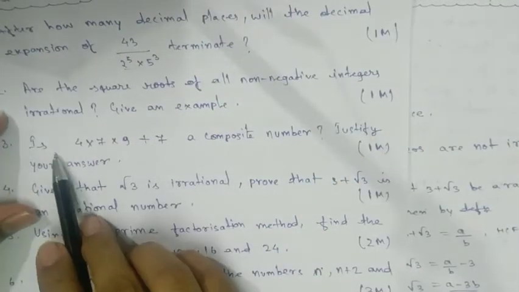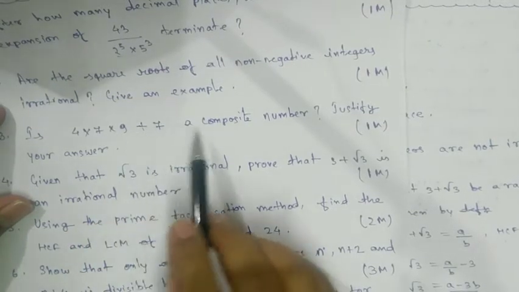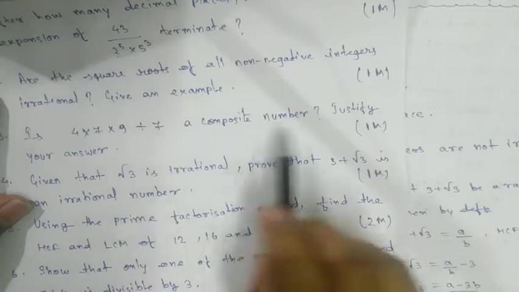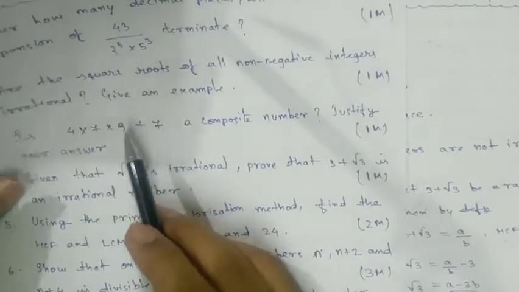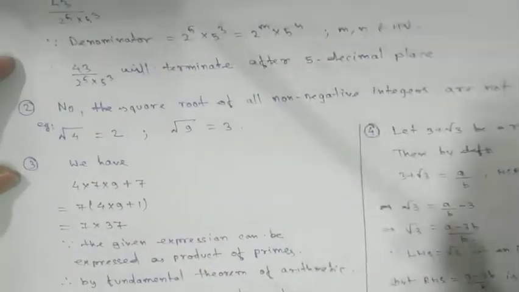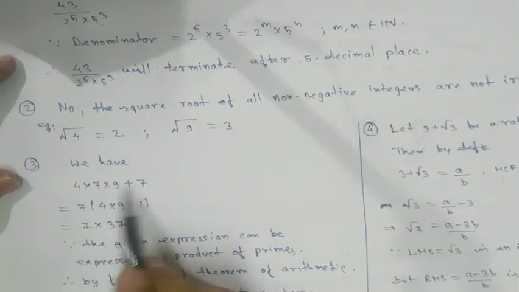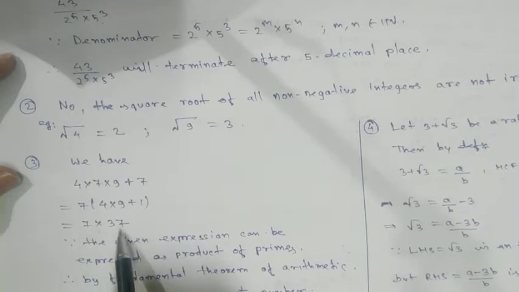The next, third one: is 4 into 7 into 9 plus 7 a composite number? Justify your answer. Now you can see the process we have done here. 4 into 7 is there, so we take 7 common and you get this.